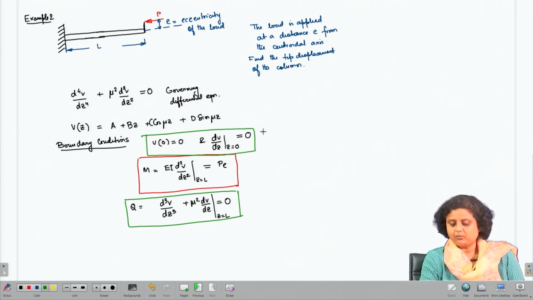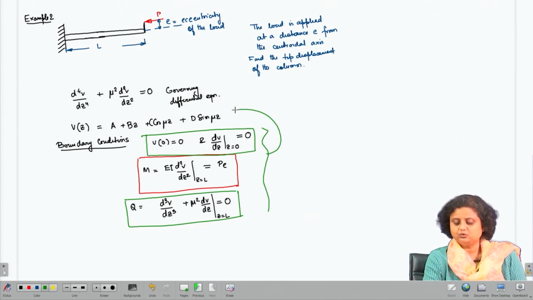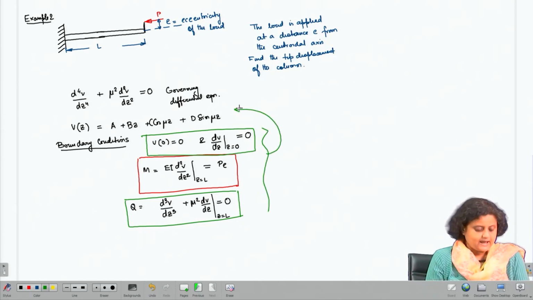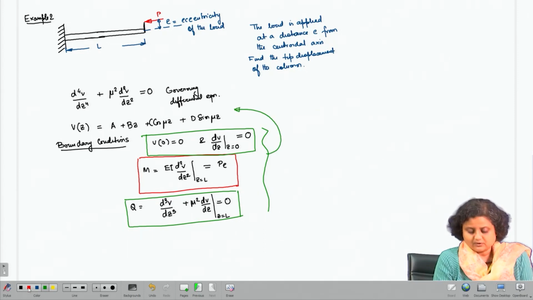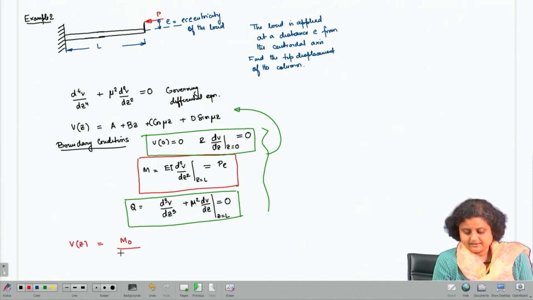Now, if we impose these conditions on the generic solution and solve, we will get V(z) as m0 by P cos mu L into 1 minus cos mu z.